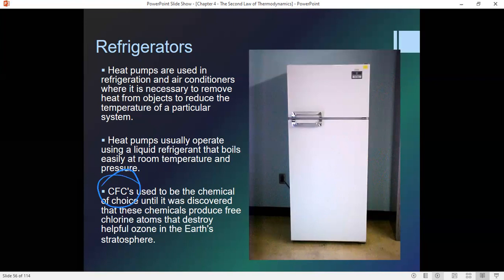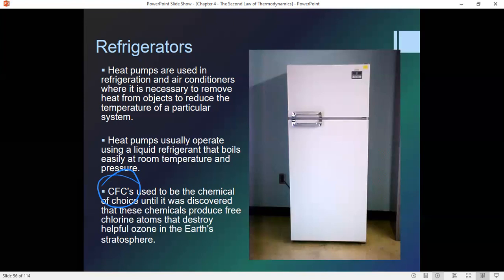And CFCs, chlorofluorocarbons, were great because they had a nice moderate heat capacity to them, so they could absorb a lot of energy. They would change phase very easily at moderate pressures, so you didn't need a very fancy high pressure system.